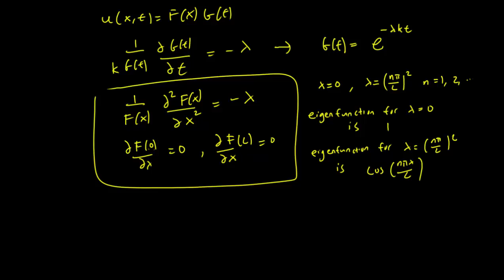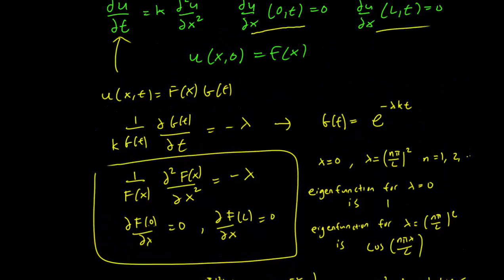And this means that we have product solutions of the form u_n(x,t) equals e to the minus (n pi over L) squared k t times sine of n pi x over L. Sorry, I mean cosine this time.